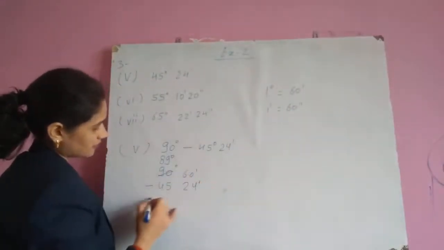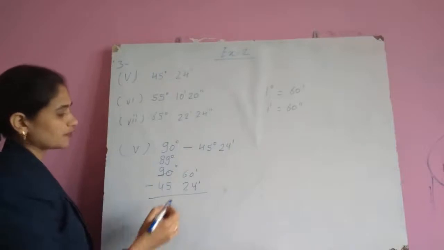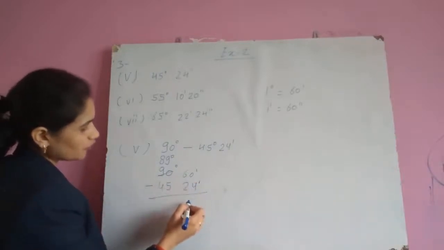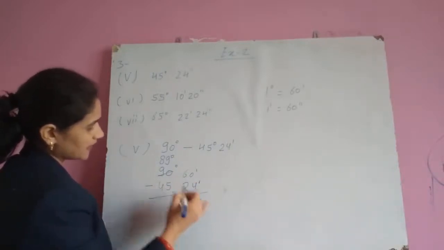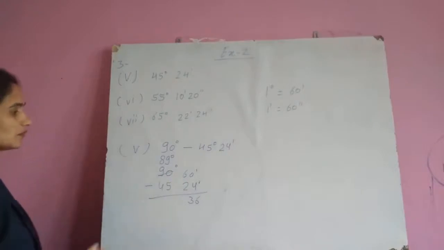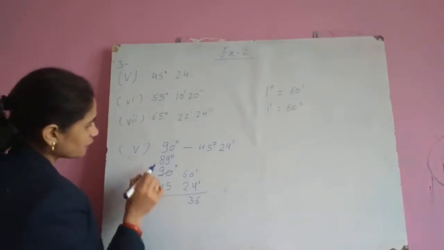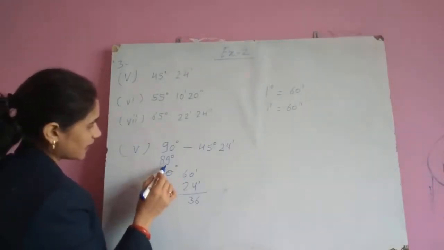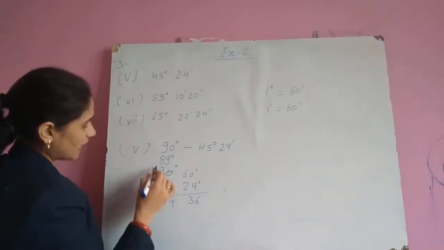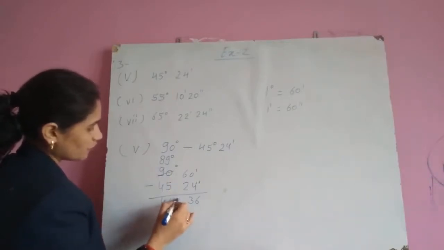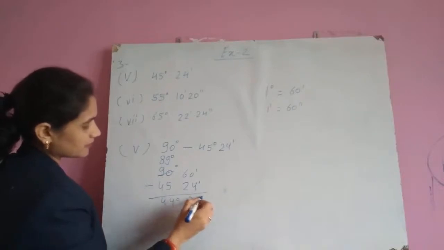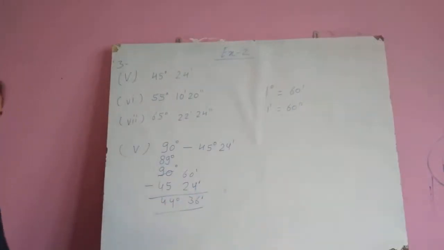Now subtract 60 minus 24, which is 36. Then subtract 45 from 89: 9 minus 5 is 4, and 8 minus 4 is 4. So 44 degrees 36 minutes. Like this we will solve the next part.